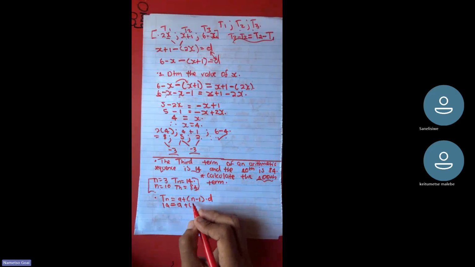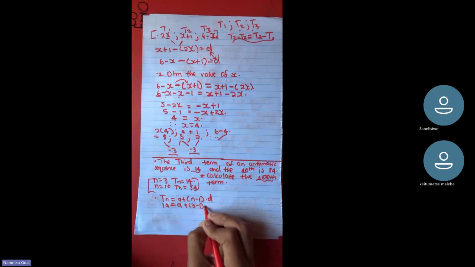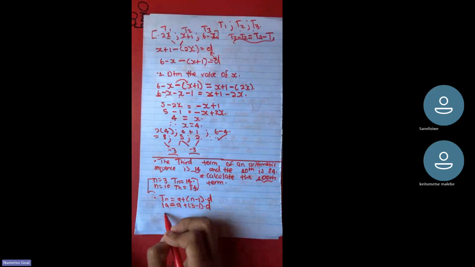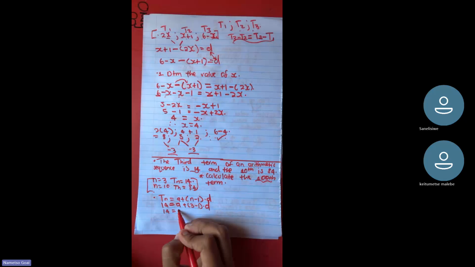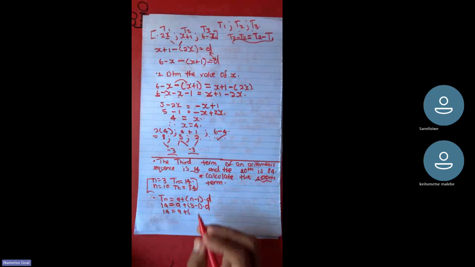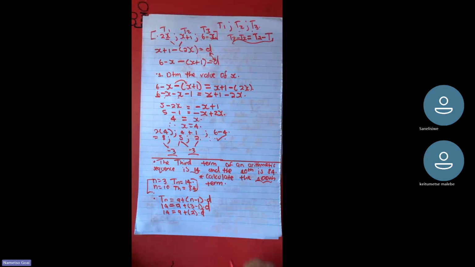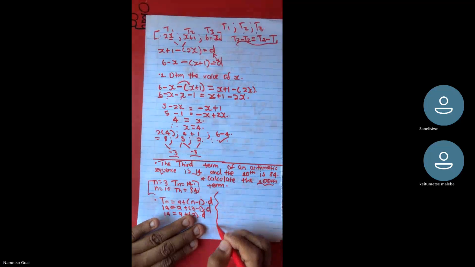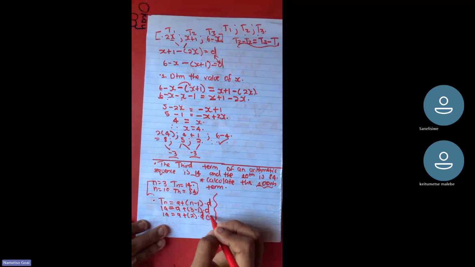So we know that n is 3, minus 1, multiplied by d. So we're going to have 14 equals A plus, in bracket, 2 multiplied by d. So this is the first equation.